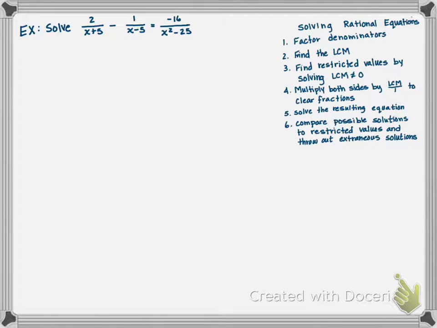So first things first, we're going to factor those denominators. So x plus 5 is a linear factor with no GCF, and so we just put it in parentheses, it can't be factored anymore. X minus 5, also a linear factor with no GCF, so it can't be factored anymore.